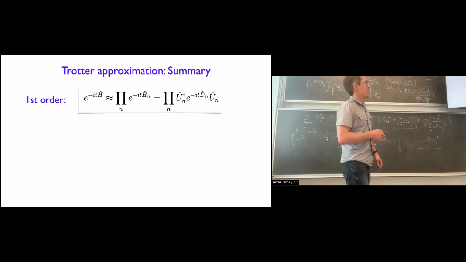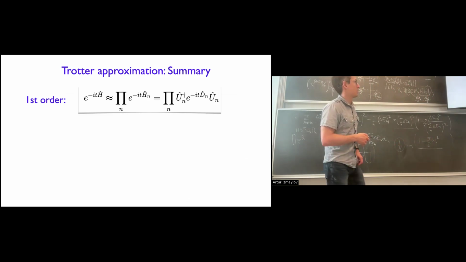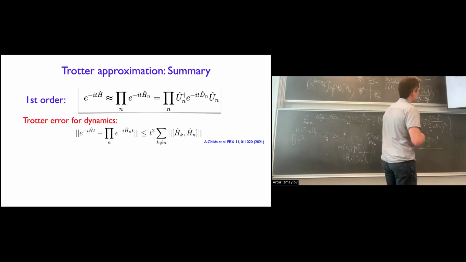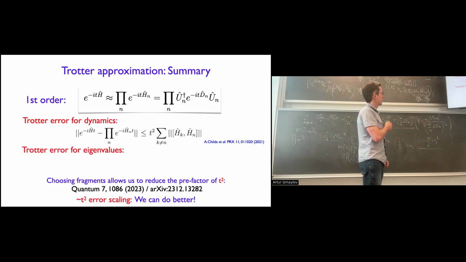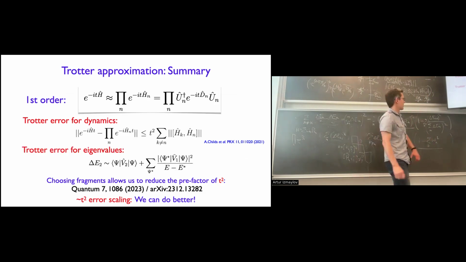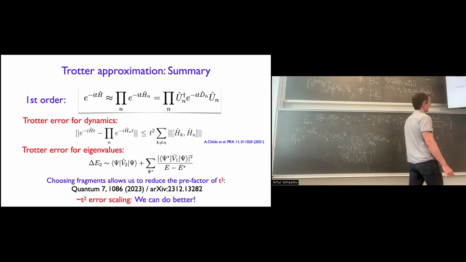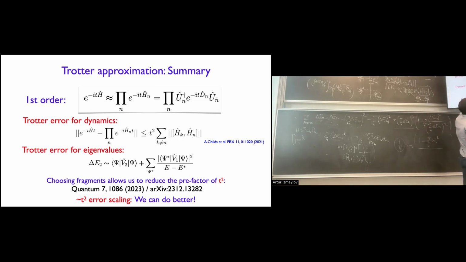All right, just to summarize the Trotter approximation, I'll probably stop here before going into more sophisticated algorithms. The Trotter error for dynamics is not as good as the Trotter error for eigenvalues in terms of predicting the results. So we produced two papers, one about how to optimize the Trotter error for dynamics, and another for eigenvalues, realizing that those two results are very different.